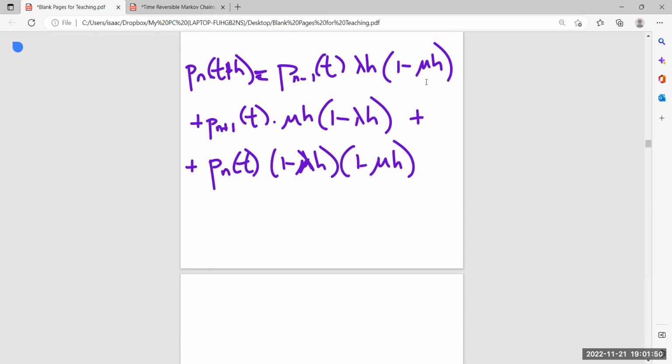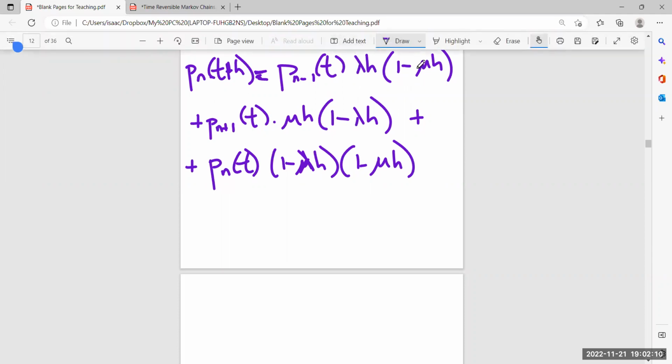Okay, next step, just multiply all those things and simplify. Remember, any function that is of order o(h), we'll say it's 0, right?